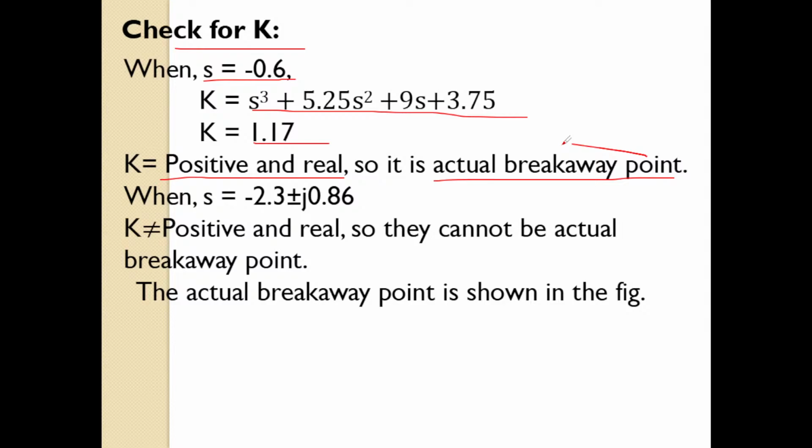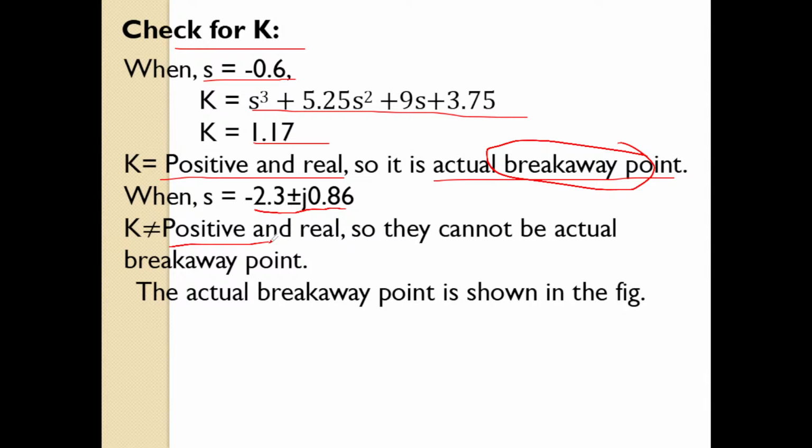Now substitute s equal to minus 2.3 plus or minus j 0.86. I have not shown the working here, you do it. It's just a mathematical simplification which you can easily do. You will get K is not positive and real. So this complex s value is not our breakaway point. So what is our breakaway point now? Breakaway point is minus 0.6, because K is real and positive for that s value.